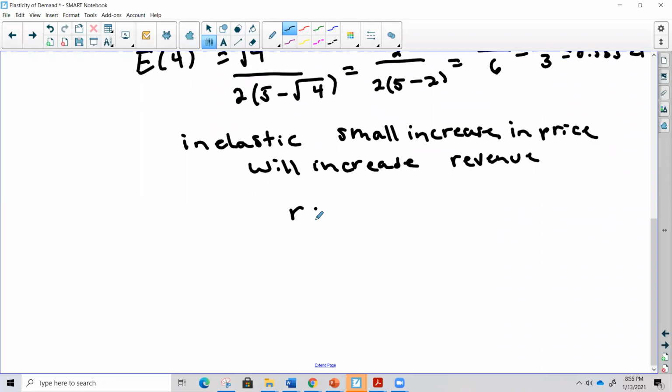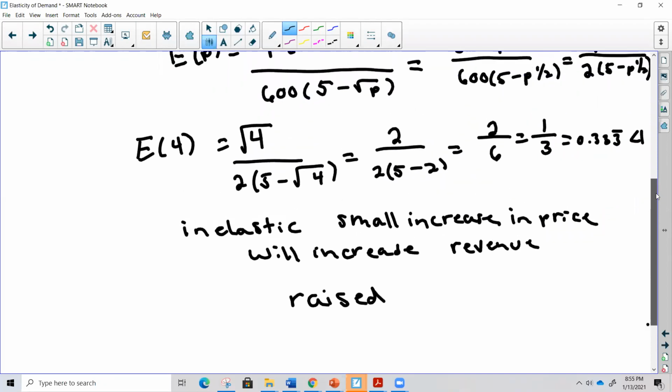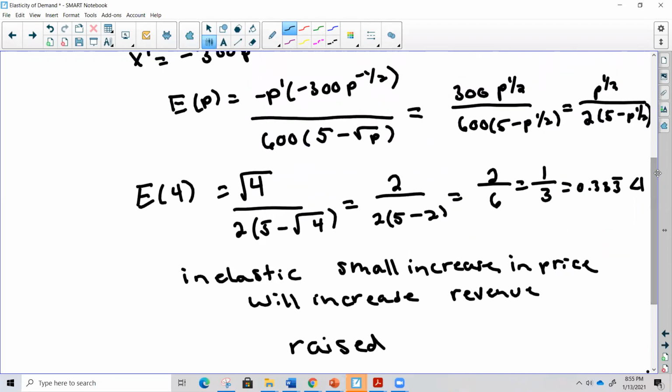And we would say raised because it would still increase our revenue, and that's our ultimate goal. So we could still raise our price a little bit and still increase our revenue. If our E was greater than 1, then it would be elastic, and we wouldn't want to raise our price. We would actually want to lower our price because that would result in increased revenue.